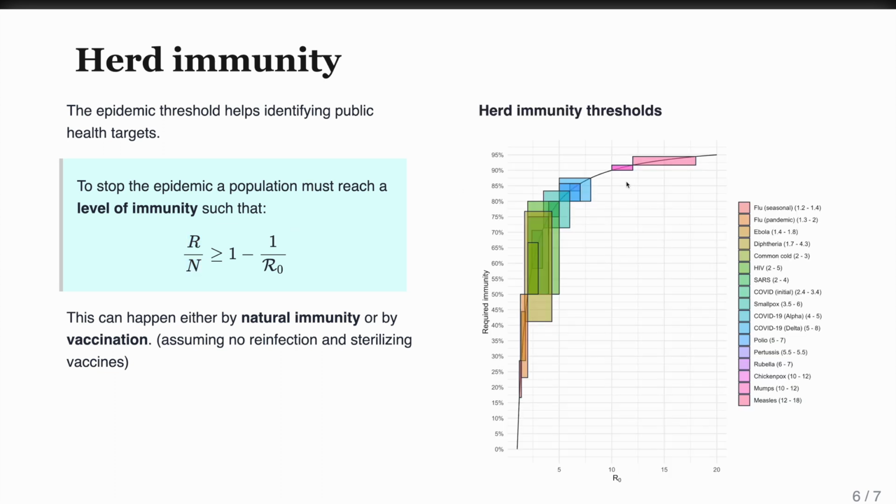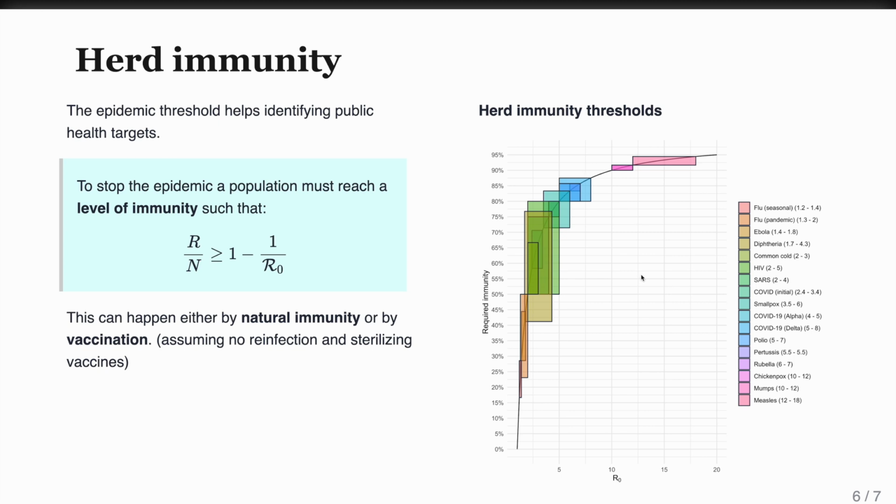So in this picture, I show a series of herd immunity thresholds relating them to the R0 of various diseases. Maybe you have heard that for measles we need vaccination coverage higher than 90%, and this is due to the fact that measles has an extremely high R0 value, between 12 and 18 depending on the population. And so epidemics can be stopped only by having a very high level of immunity in a population.